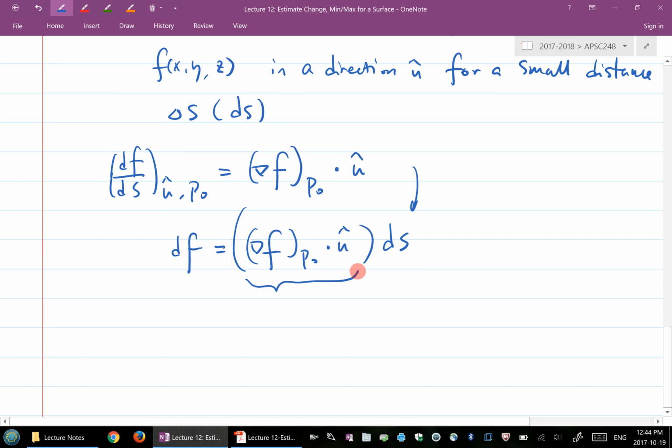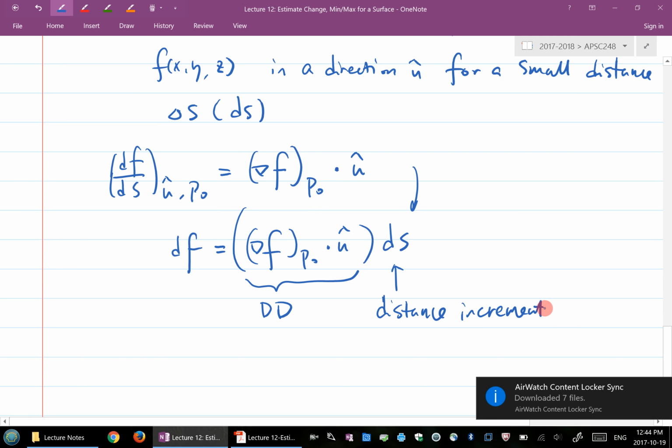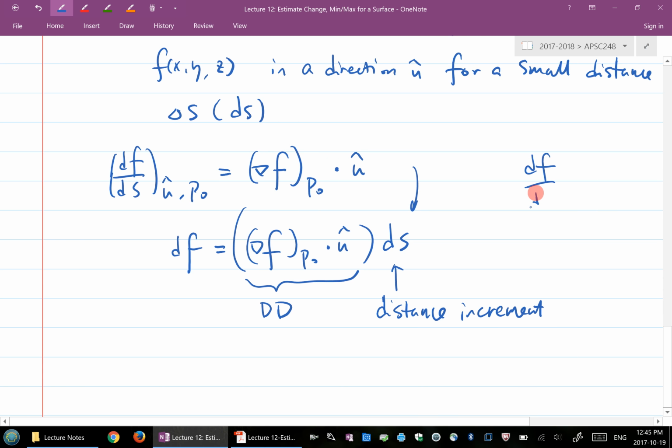So the first portion here is a directional derivative, and this term is the distance increment. It's actually in the same format as a function of a single variable. When you have a function of a single variable, df over dx is f prime, and df equals f prime times dx. That's the same kind of format.